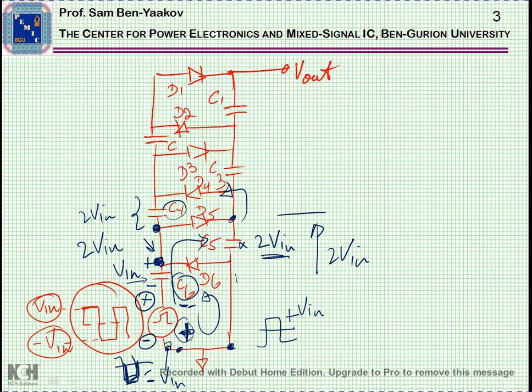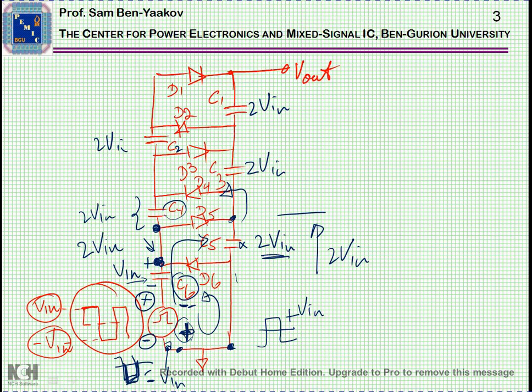Okay? So now we have actually charged C4, and I'm not going to continue. As you would understand, on the next cycle we'll charge C3 to 2 V in, and then C2 to 2 V in, and eventually C1 to 2 V in.